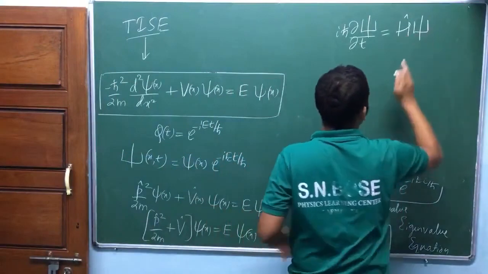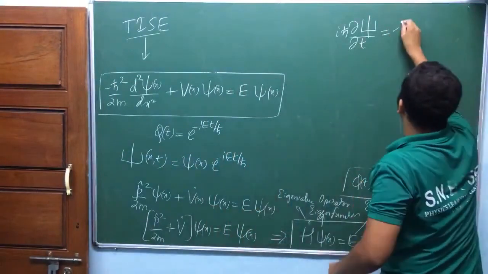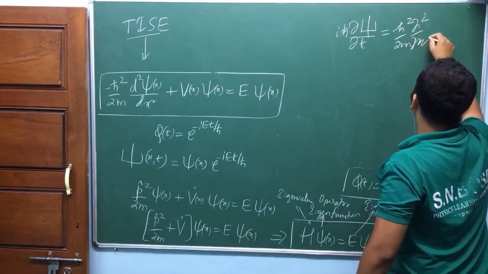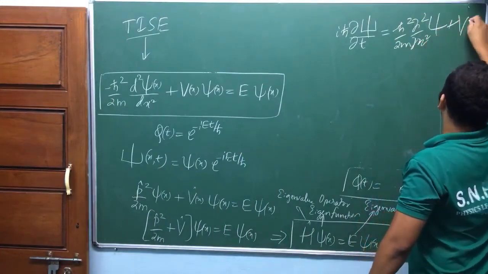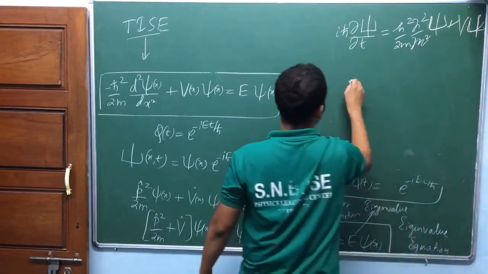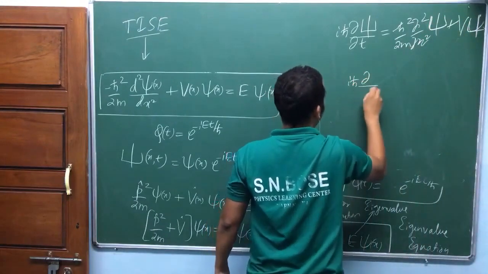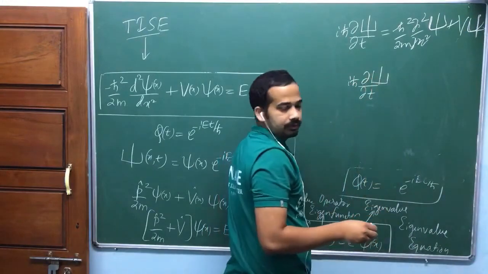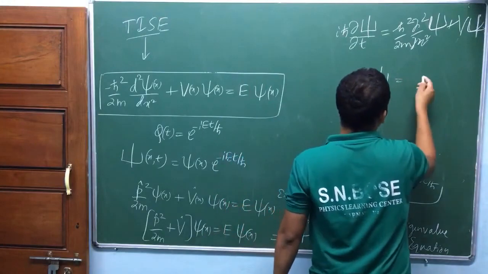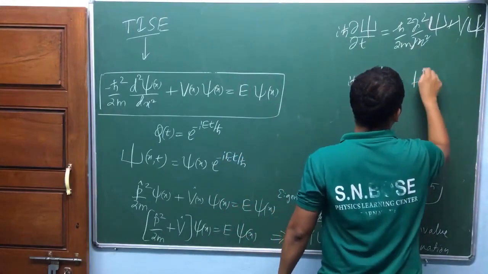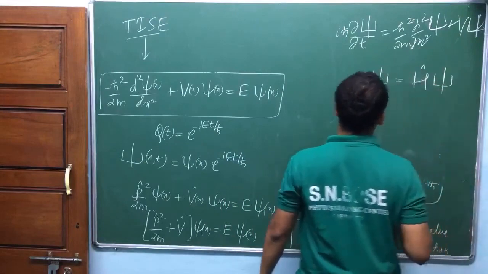Now look at here. Operating Hamiltonian, I hope you know this one. This is minus h bar square by 2m dou square by dou x square psi plus v psi, isn't it? So what I do is I h bar dou by dou t of capital psi is equal to H cap into capital psi.